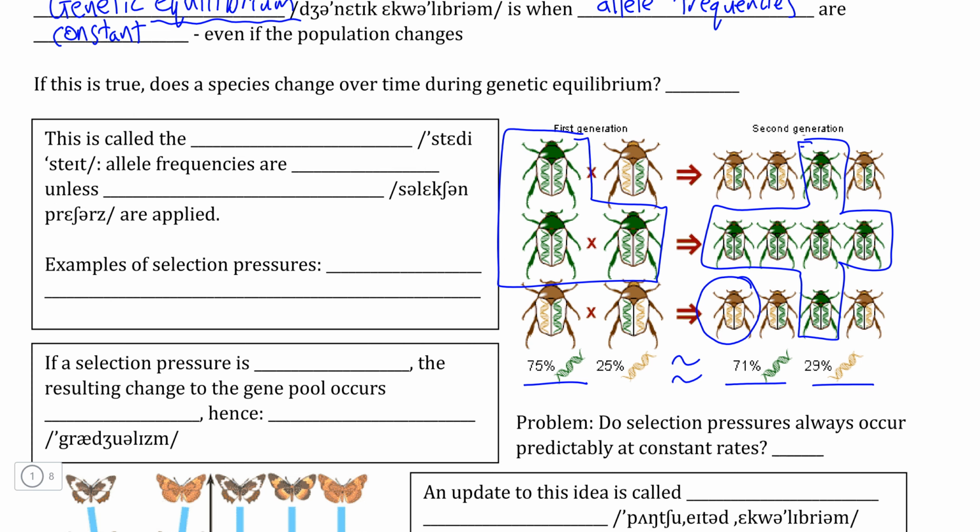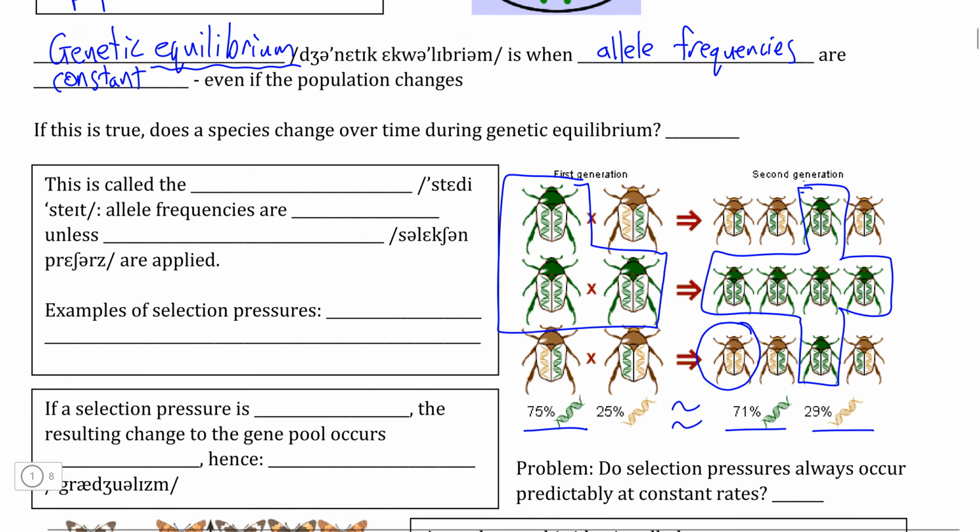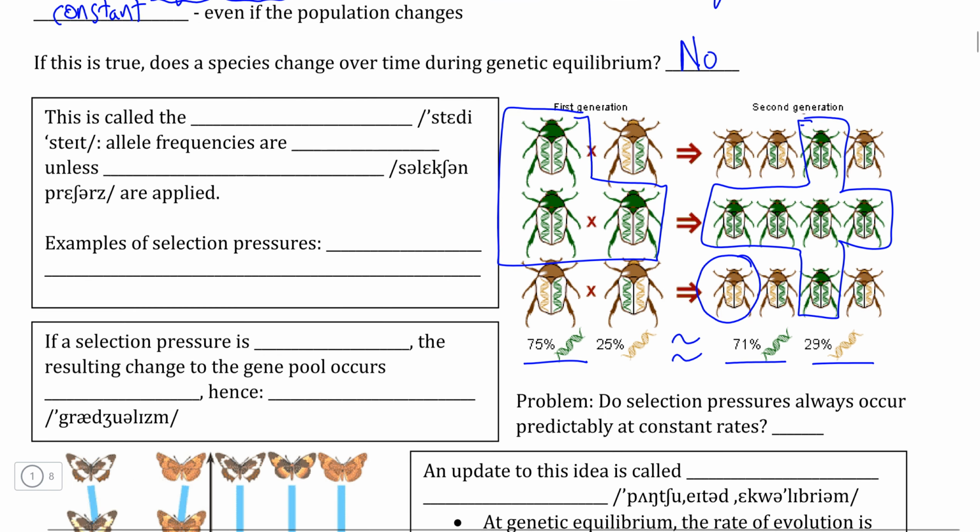Now, if this is true, if the allele frequencies, the frequency of the population that has a green exoskeleton and a yellow exoskeleton, remains identical from generation to generation, that means that overall our population is not undergoing any specific evolutionary change because neither phenotype is favored over the other.